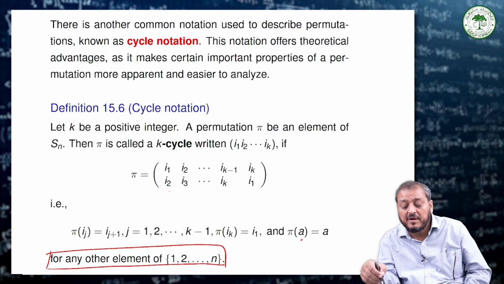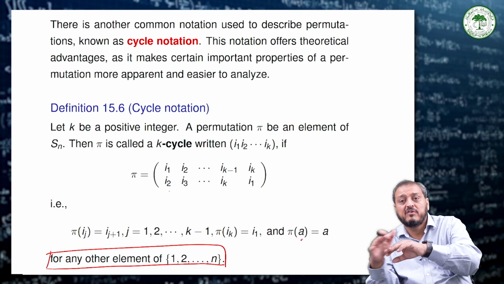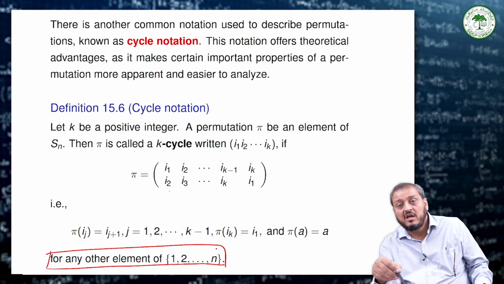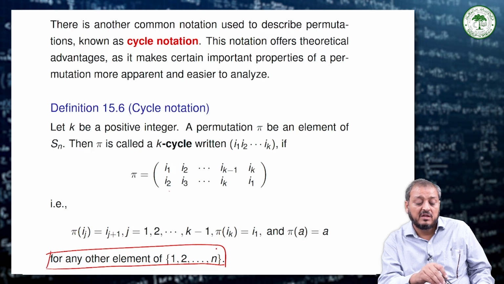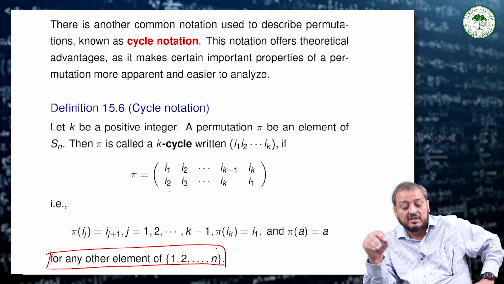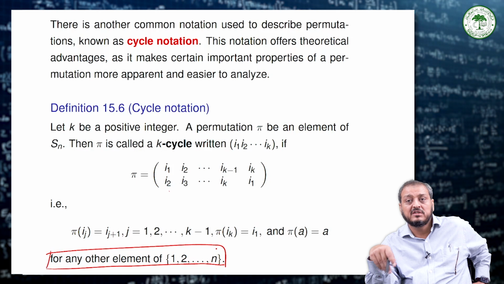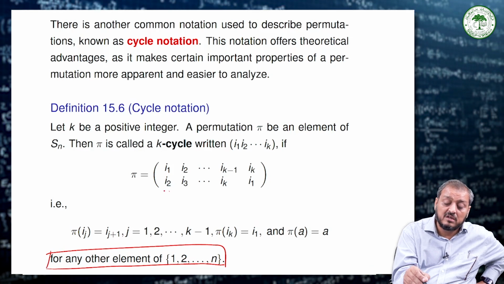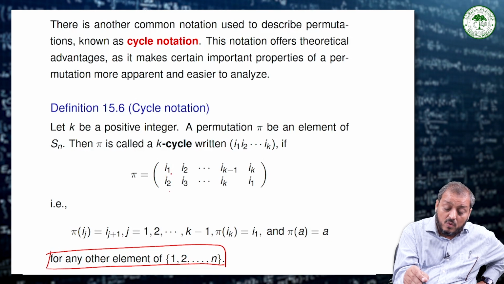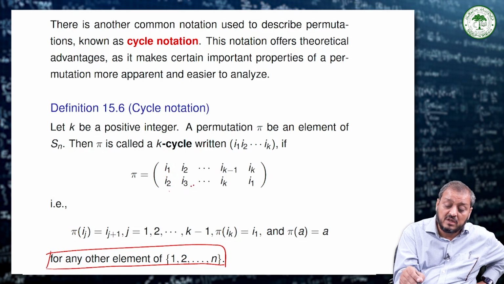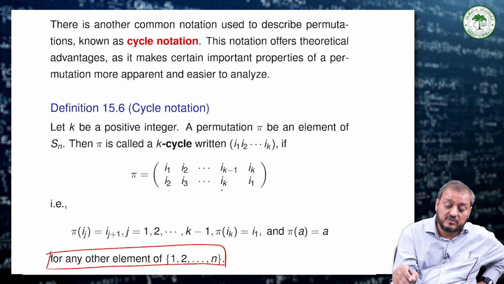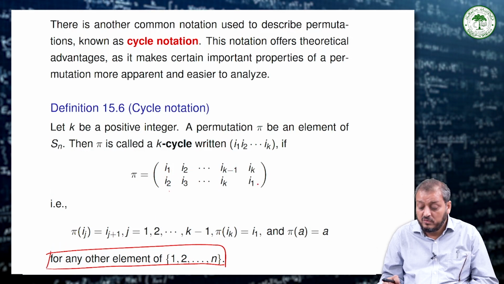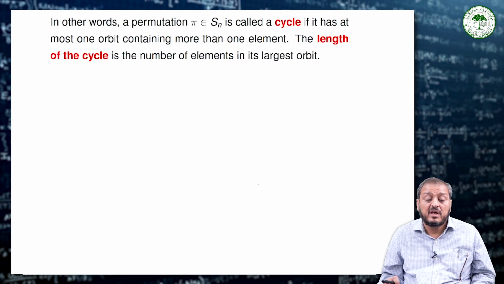So pi of a is equal to a means that another element is fixed. Whenever ik is pi of 1, it goes to i1, and similarly pi of ij can be written as i(j plus 1). Like this: i1 goes to i2, i2 goes to i3, i(k minus 1) goes to ik, and ik goes to i1. In this form we write the cyclic notation.